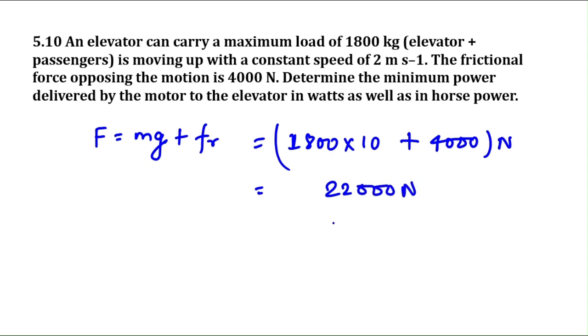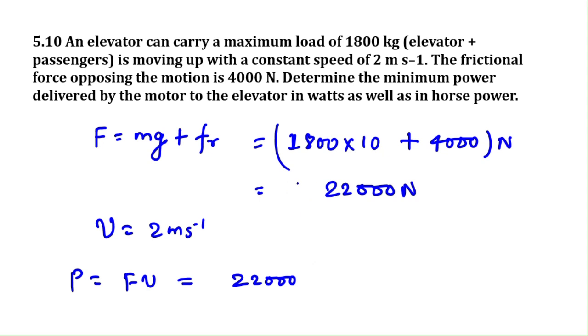This much force is acting on the elevator, and the elevator is moving with a constant speed of 2 meter per second. So velocity is 2 meter per second. Now we have to find out the power. Power is force times velocity, so we have 22,000 times 2.